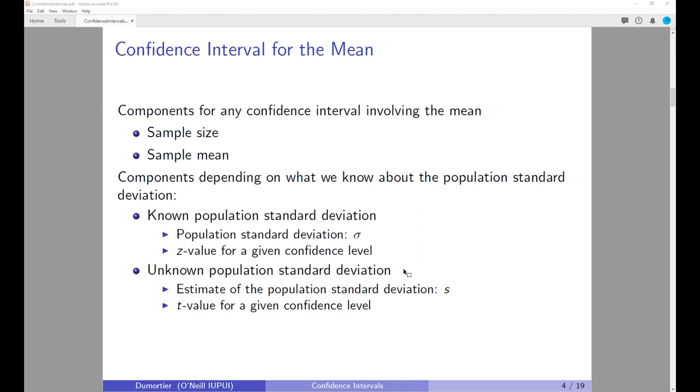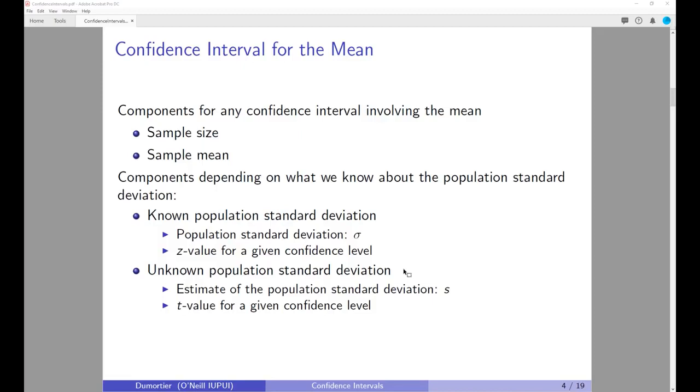If we do not know anything about the population standard deviation, or if that population standard deviation is unknown, then we have to estimate it first based on our sample. And this is where we are going to use the sample standard deviation, or the sample variance, which is calculated by dividing by n-1.